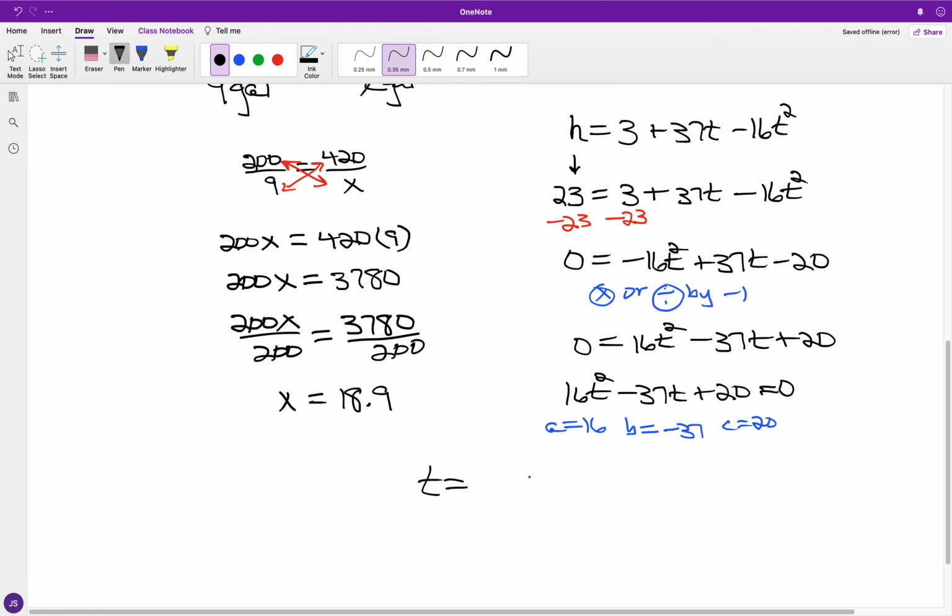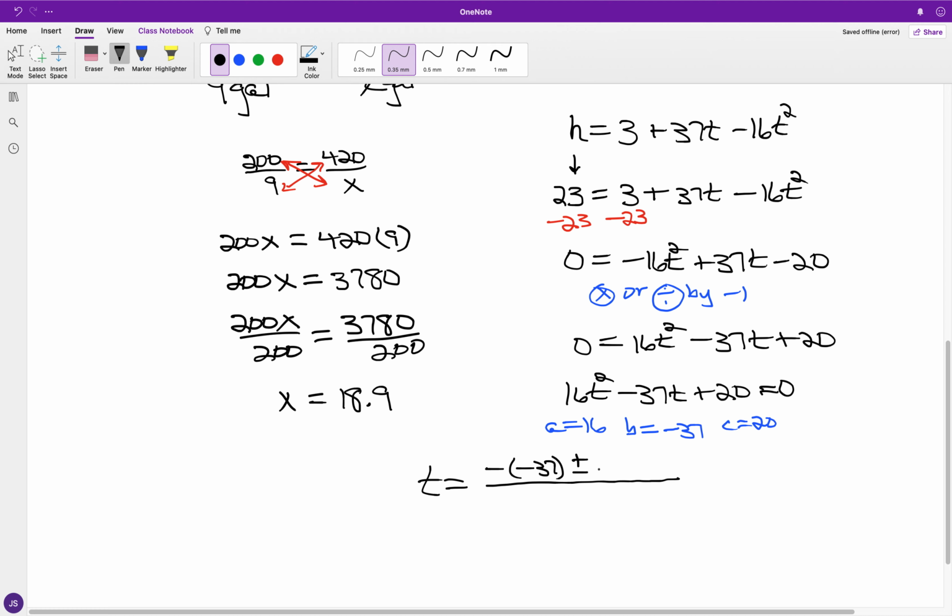Looking at solving for t, now we're not solving for x but for t, but we are still going on the same premises with the quadratic formula, working with those values representing a, b, and c. So for negative b, this will be the opposite sign of negative 37.